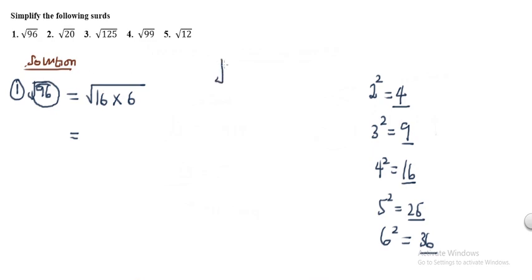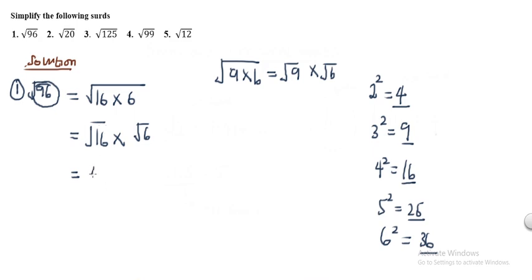So whenever you have something like a times b under a root, you can rewrite it as square root of a separately times square root of b separately. Here we can do the same thing and say root 16 times root 6. So this will be equal to root 16 is 4 times root 6. Since we cannot simplify this further, we rewrite it here. So this will be 4 root 6, and this is the simplified form of root 96.